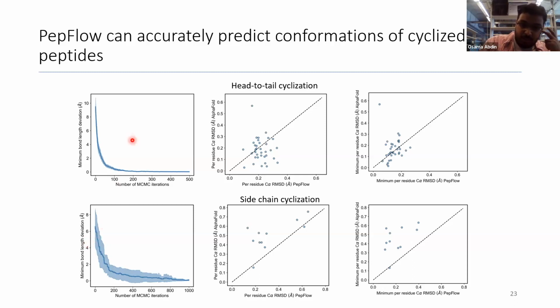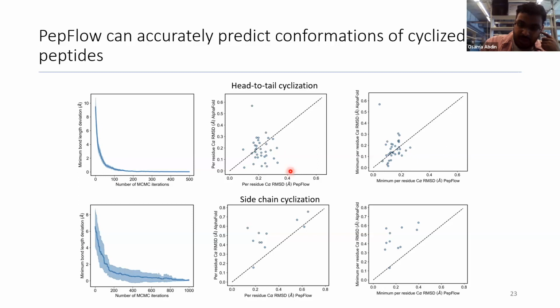As a baseline for performance, we compare it to AlphaFold, which was recently shown to be able to model macrocyclic peptides really well by adding a positional offset to the positional encoding that's used when featurizing the input structure. In general, we found that PepFlow doesn't perform as well as AlphaFold in terms of head-to-tail cyclization, often being outperformed by AlphaFold.